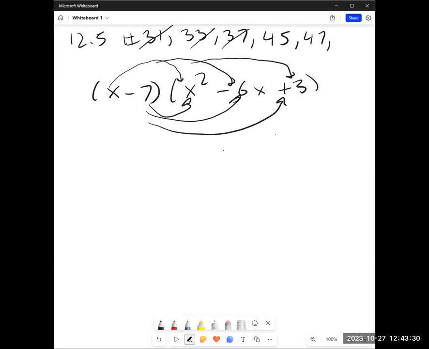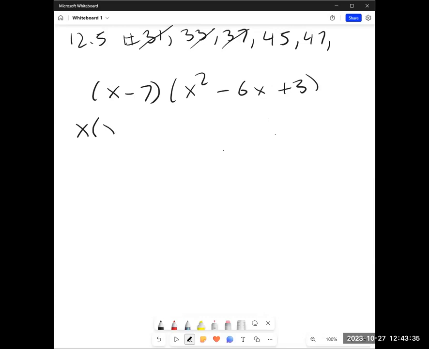But that just gets messy with all the arrows for me. So I want x times x squared minus 6x plus 3 minus 7 times x squared minus 6x plus 3.